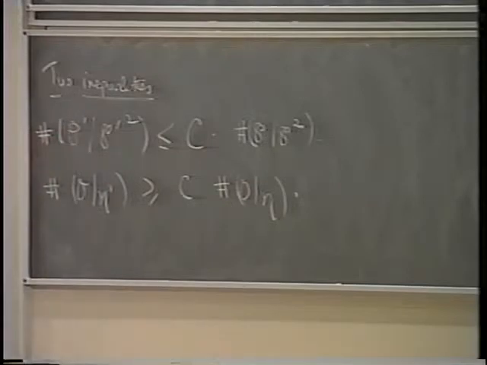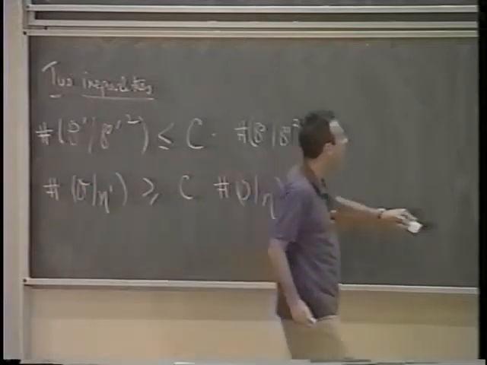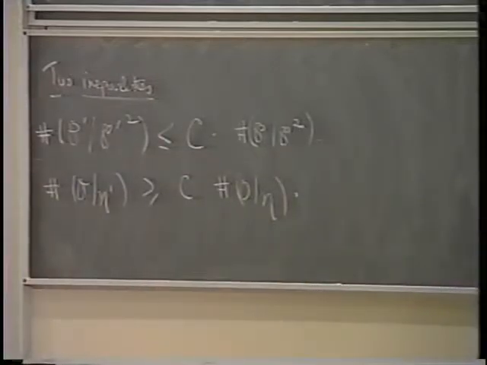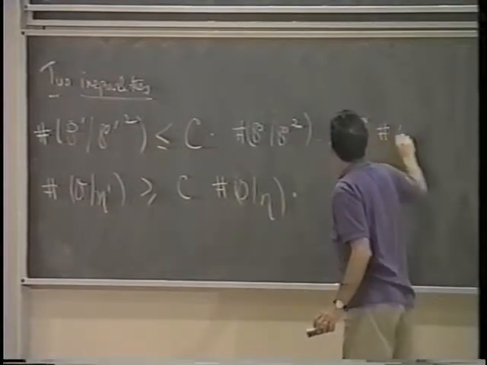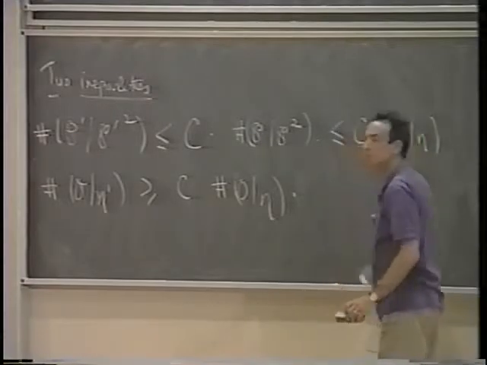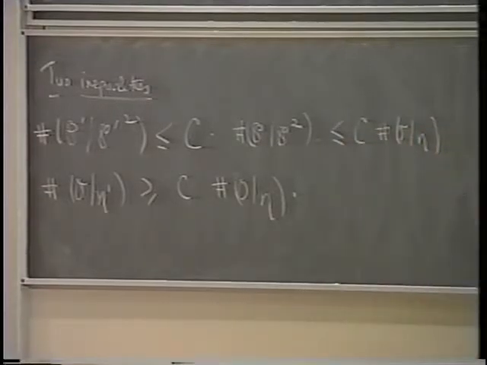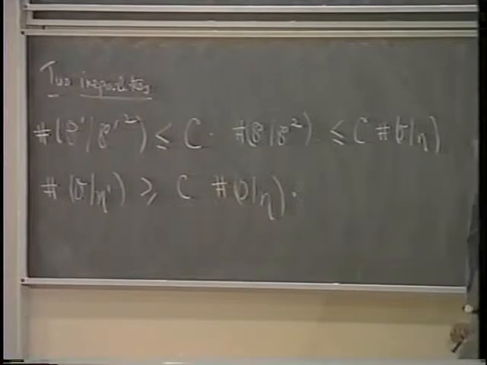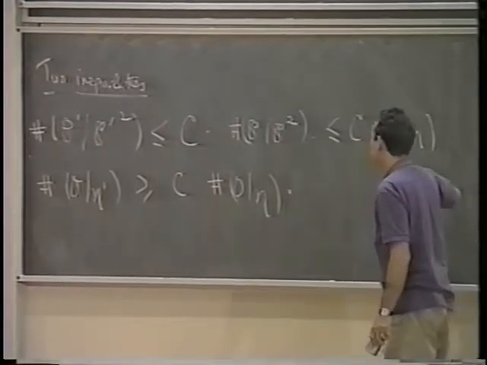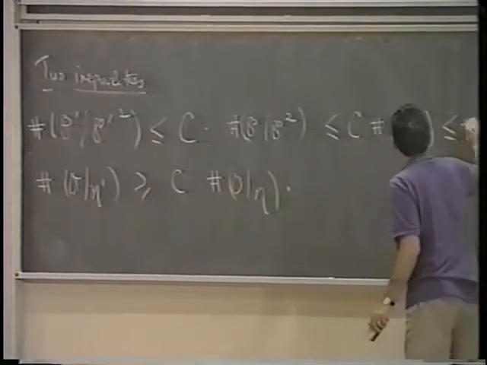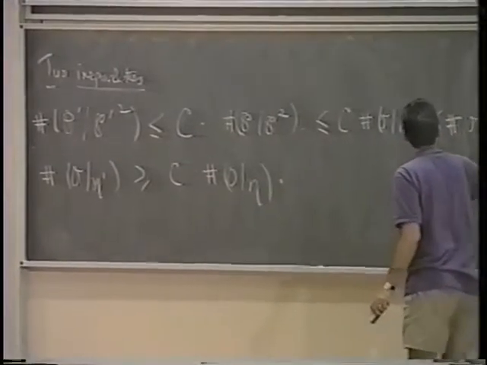Now, if you have these two things, then of course you can continue the inequality on the top in the obvious way. Namely, you can just say that this is less than or equal to C times the order of O mod eta. That's because you know the isomorphism at the lower level. But then C times O mod eta will be less than or equal to the order of O mod eta prime.